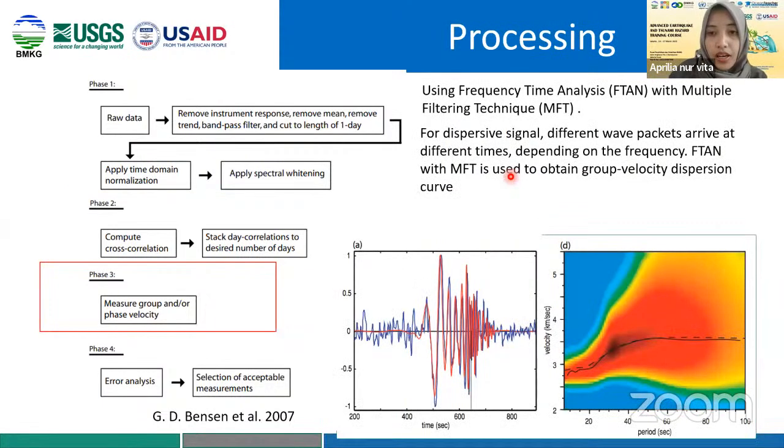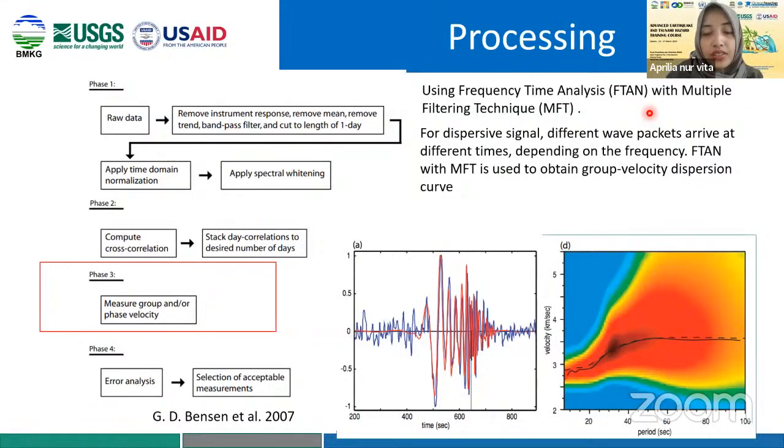After we have the Green's function, or the Rayleigh wave, we have to extract the dispersion curve. The dispersion curve is extracted using frequency-time analysis with a multi-filtering technique. Because we know that surface waves are dispersive signals, different packets arrive at different times depending on the frequency.